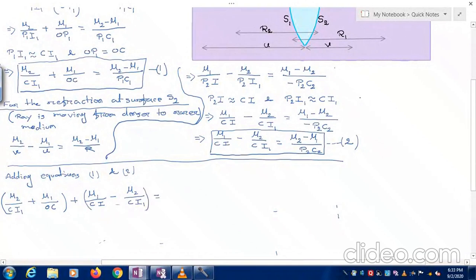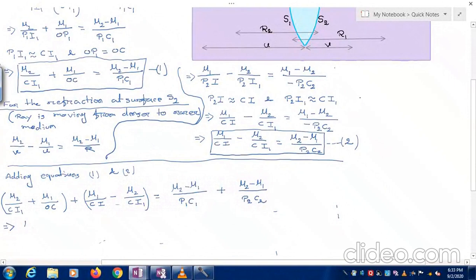This is equal to mu2 minus mu1 divided by P1 C1 plus mu2 minus mu1 divided by P2 C2.